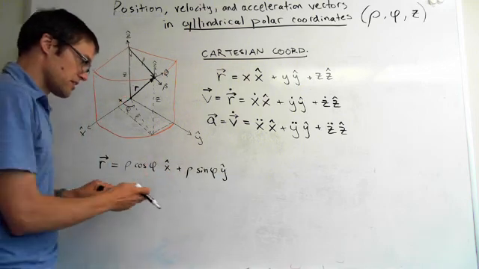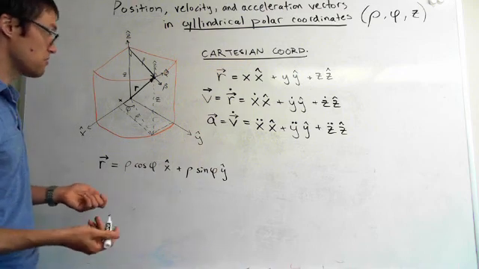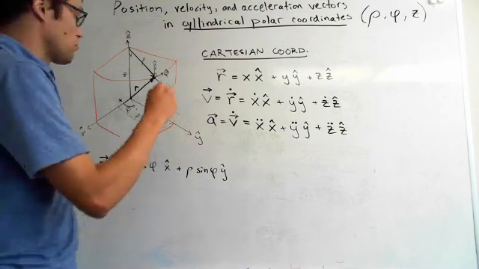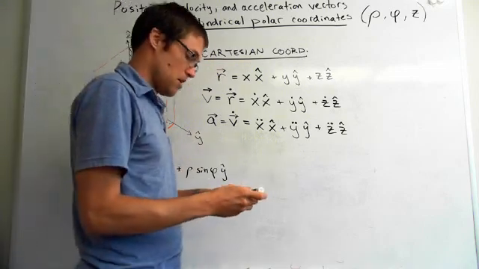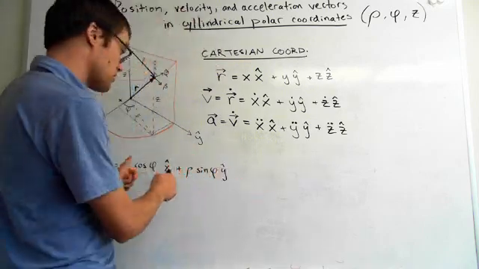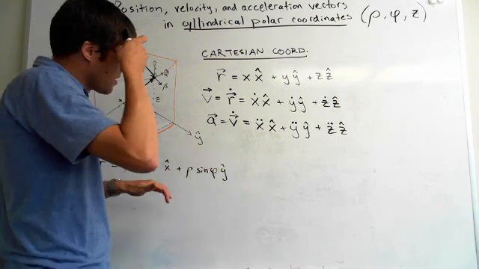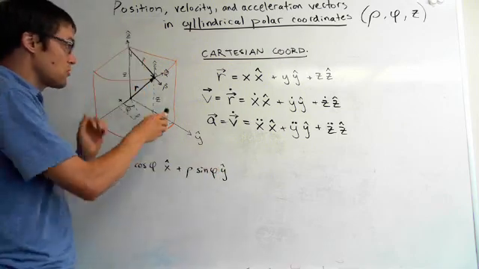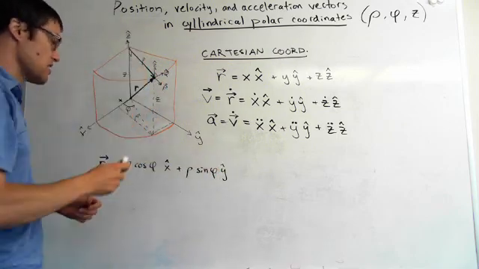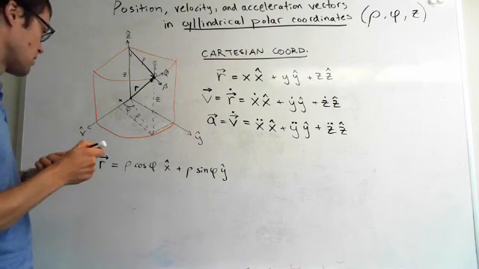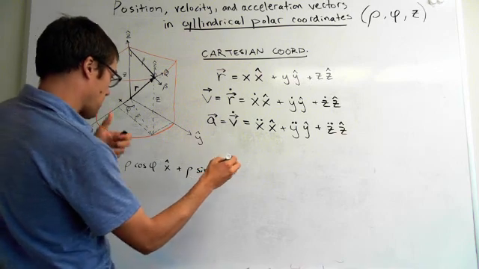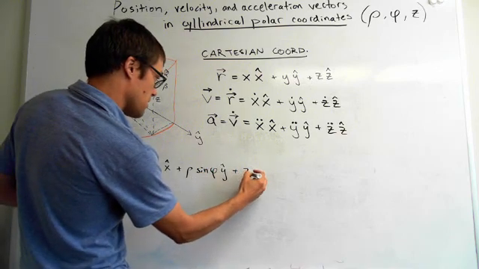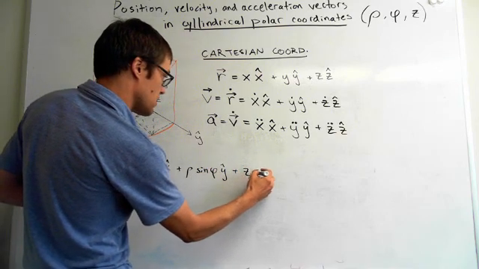Now in order to get this vector totally in terms of the cylindrical polar coordinates, we need to rewrite x hat and y hat, we need to rewrite all of this in a way that includes the unit vectors rho hat and phi hat and z hat. Okay, so I guess we should add in there that we have z hat.